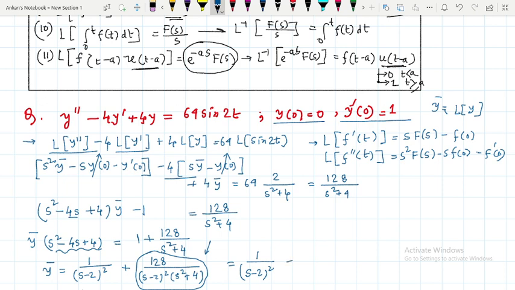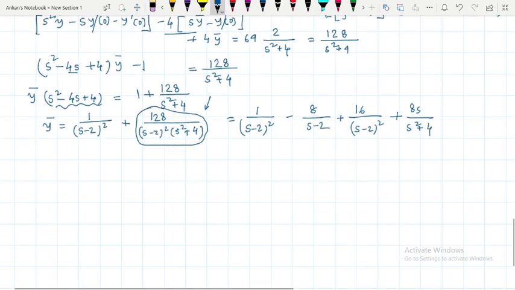So after doing the partial fractions, you will get 8 by s minus 2 plus 16 by s minus 2 whole square plus 8s by s square plus 4. Now you simply apply the inverse Laplace transform. So y is nothing but inverse Laplace transform of y bar.